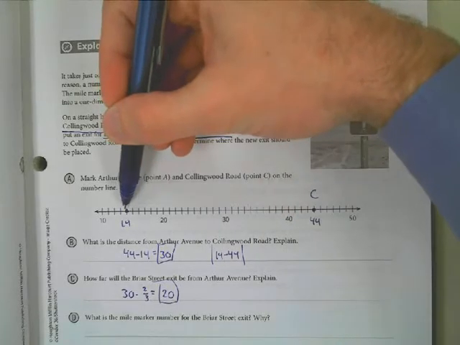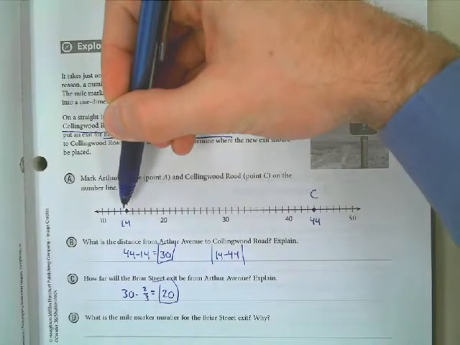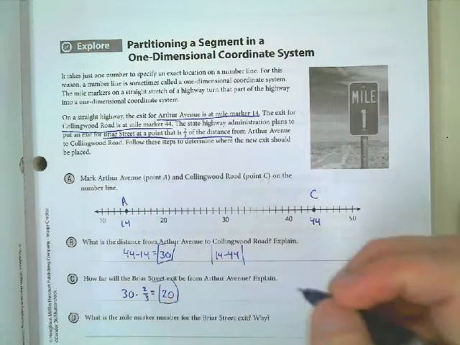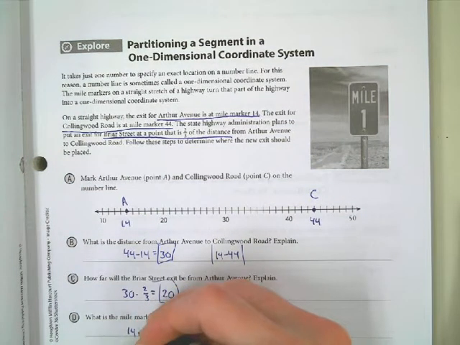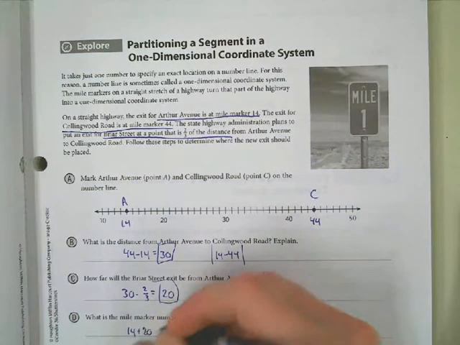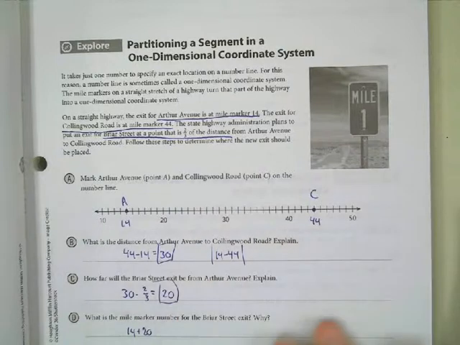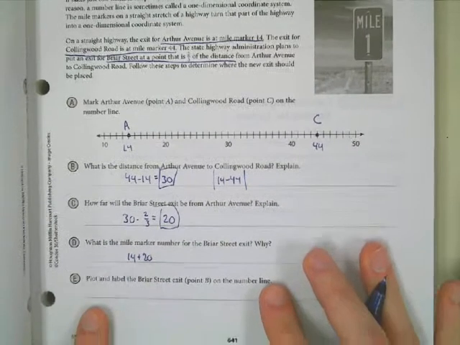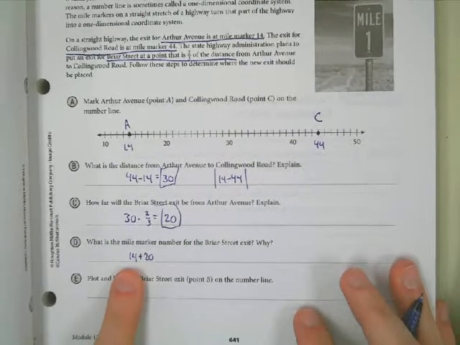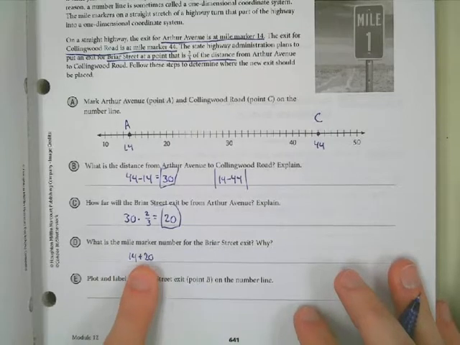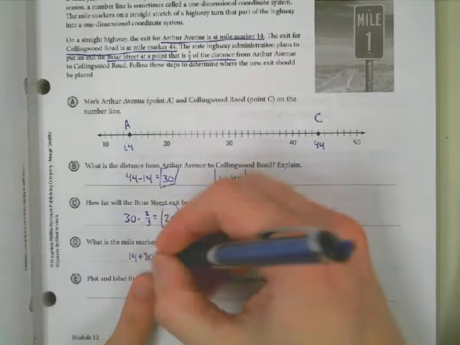What's the marker going to be? 34. Yeah, we're going to start with the Arthur Avenue coordinate, and then add to it the distance that the Briar Street exit will be, and that gives us 34 as the mile marker.